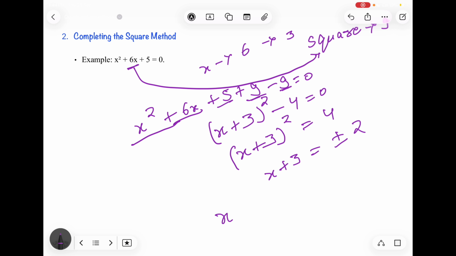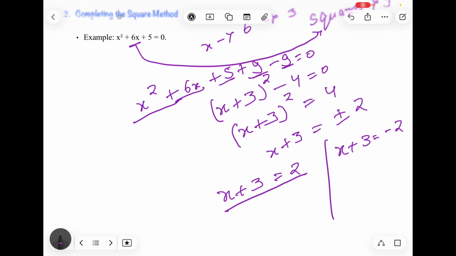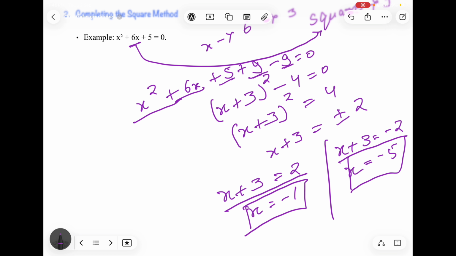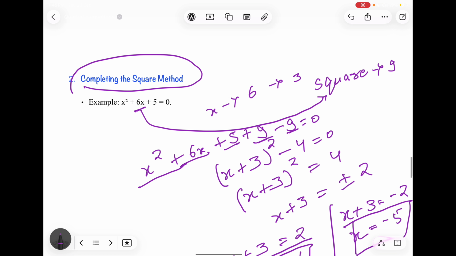Now on taking this 2 as positive or 2 as negative, we again got two cases. Now from the first case, we will get x is equal to minus 1, and from the second equation, we will get x is equal to minus 5. So we again solved this quadratic equation, now by using the square method.